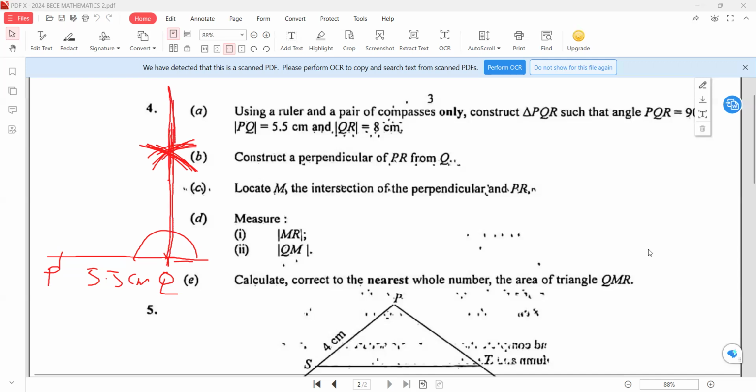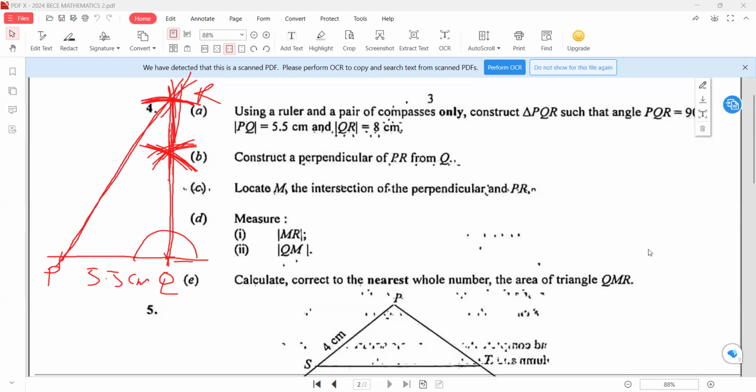Then I want QR on that same line. I measure 8 centimeters. So 8 centimeters ends up here. I connect with an arc, an arc, and that is R. And I connect that to the point P directly.